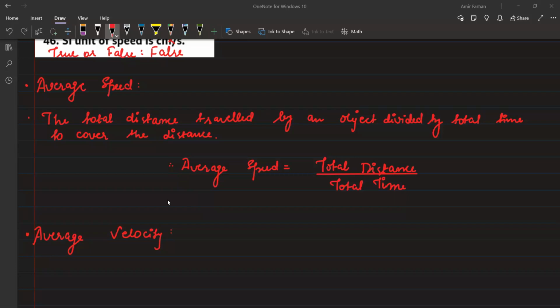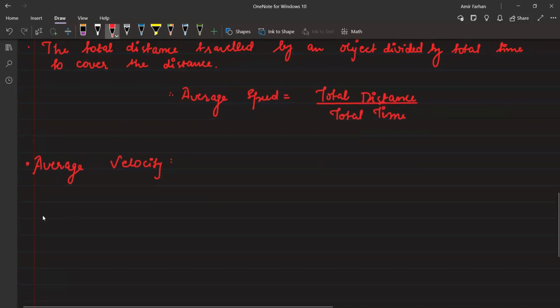So average velocity is nothing but the total displacement. Not specifically total, just write displacement in total time, because displacement is already a final value of the difference.